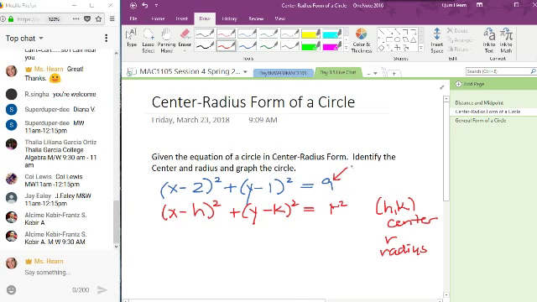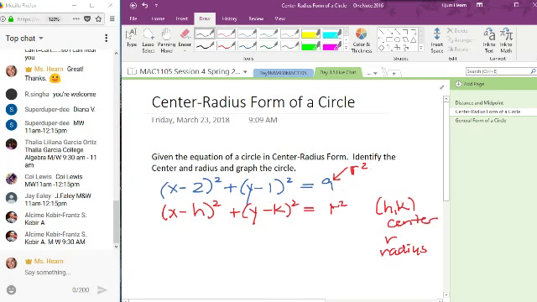So if we're looking for the radius, we need to use, hold on one second. Okay, sorry about that.